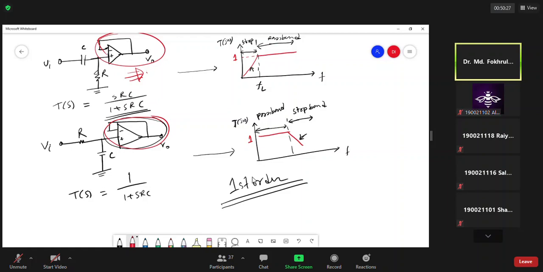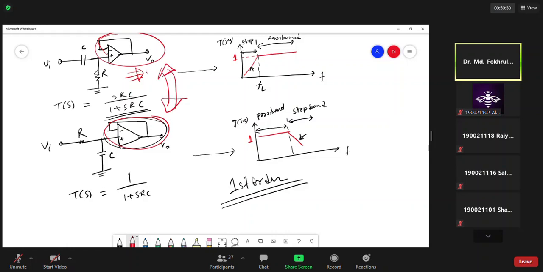So if we use this voltage follower in both cases, then the center frequency, the operating frequency, and the voltage gain will not change. This is one of the important advantages of the active filter, or operational amplifier based filter.